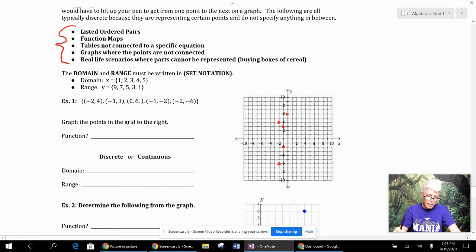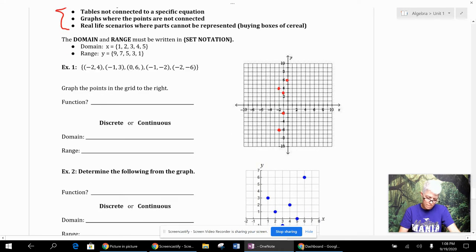Okay, so we're going to look at different ways you might see a function represented on a graph or a table. But now we're going to say, okay, is this a function? First, we'll ask that question, and then we'll say, is it discrete or is it continuous? So on the first one, it gives us a bunch of ordered pairs, and to save time, I went ahead and graphed them.